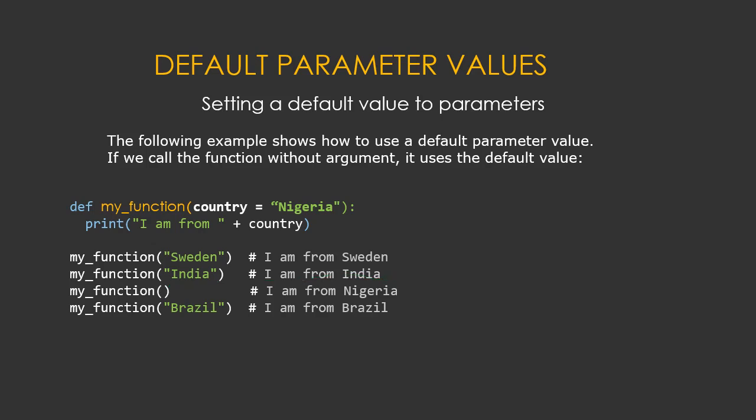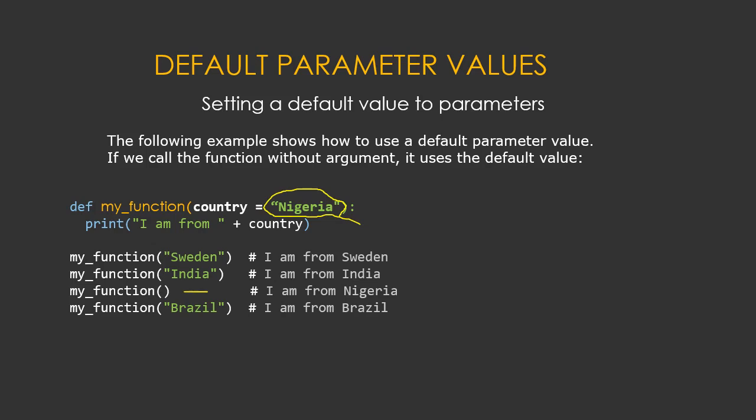And then right over here, we call the function again, but this time around, we specified no arguments. You can see there, we just call the function without any argument. Now, what this will do is use the default value which was added earlier, and the default value is Nigeria.